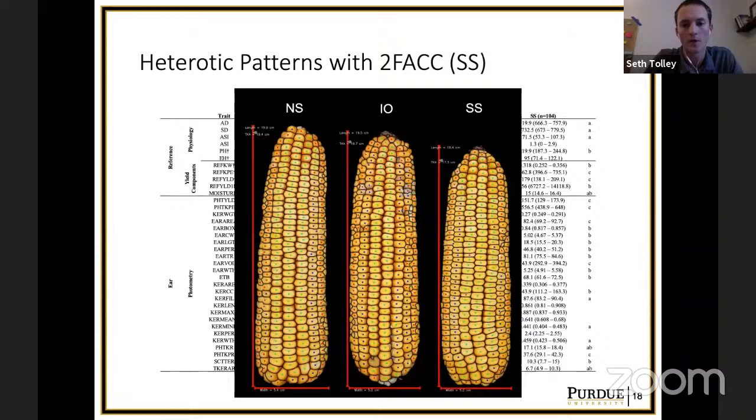However, our kernel-specific attributes, such as mean kernel size and kernel weight, were not significantly different between any of these heterotic groups. So that kind of told us that perhaps these traits, including kernels per ear, ear length, and yield, were affected more by heterosis than the kernel attributes.